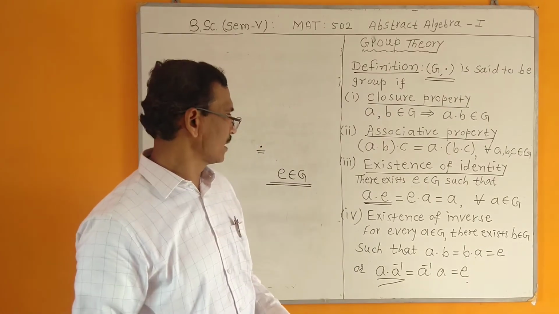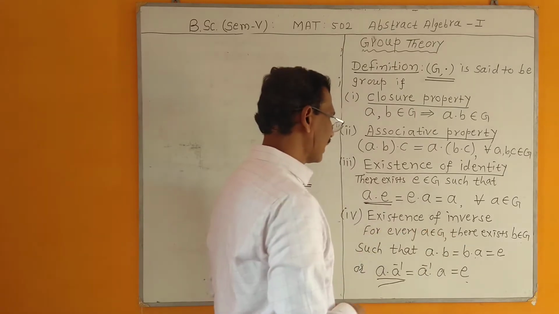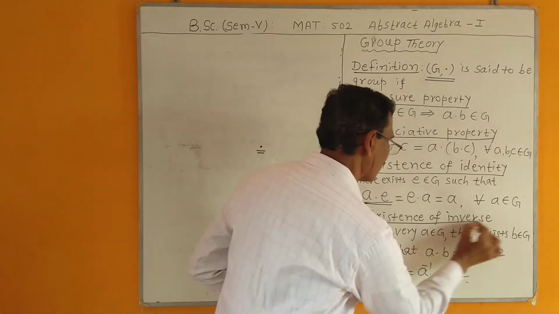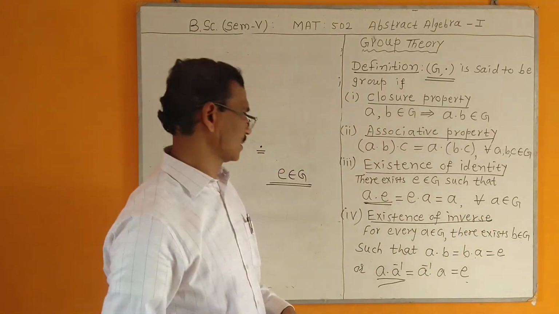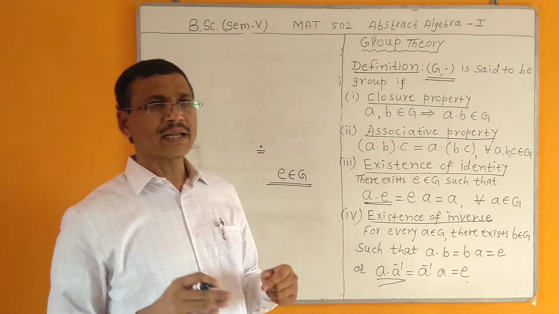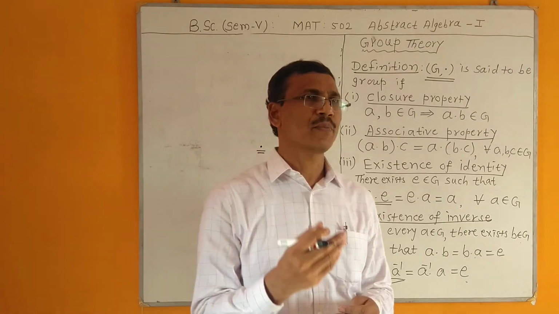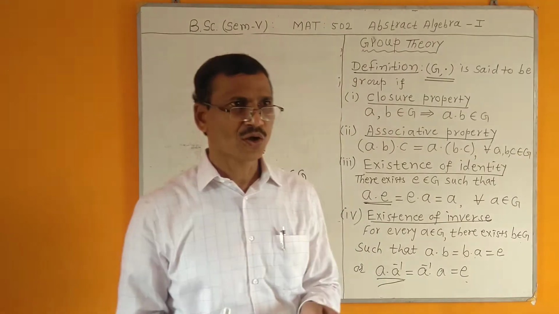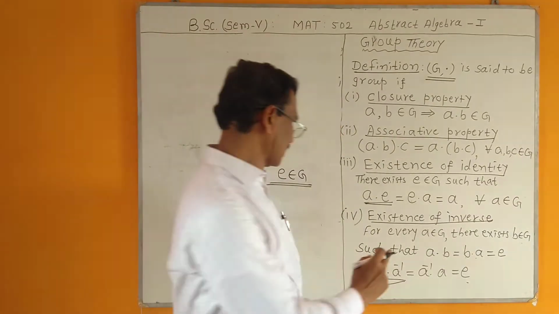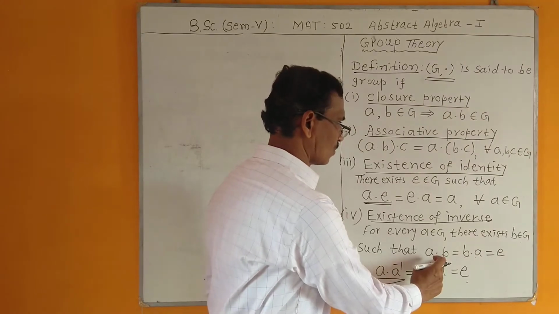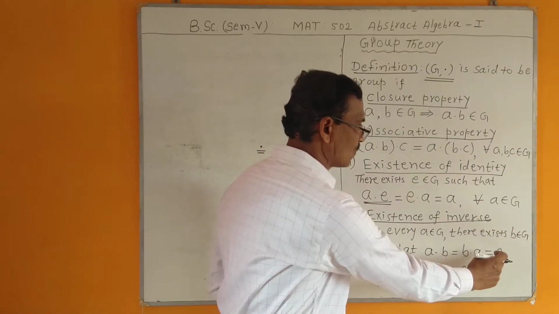Next required condition is existence of inverse element, or inverse. It means for every element a belongs to G, there must exist another element, for example b belongs to G, satisfying the condition that a dot b is equal to b dot a is equal to e.